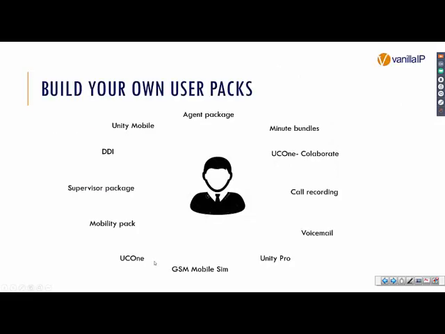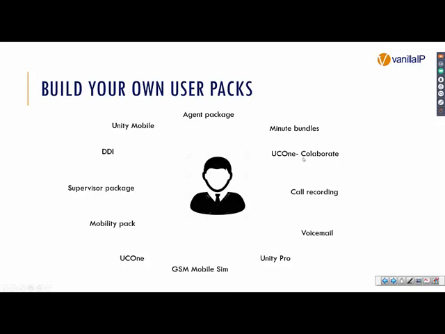And then what we do is to work with our resellers to help them to create the packages that first of all suit their salespeople, and secondly suit the marketplace that they want to go after. So you'll see highlighted around our smart user here are things like minute bundles, which you can take from us. We create a couple of minute bundle options, or you can create your own.